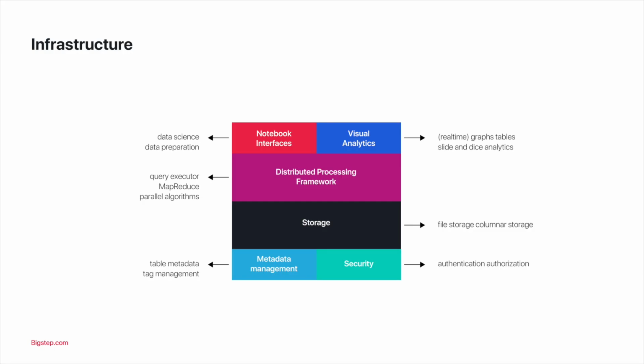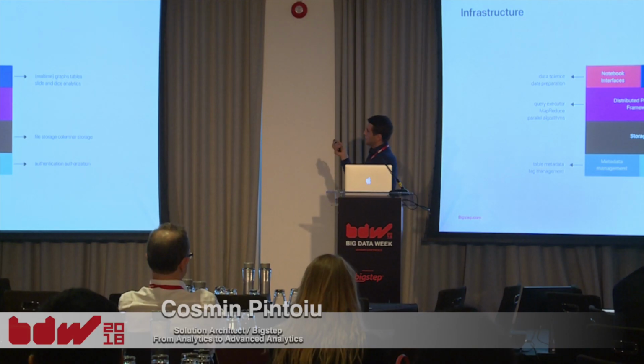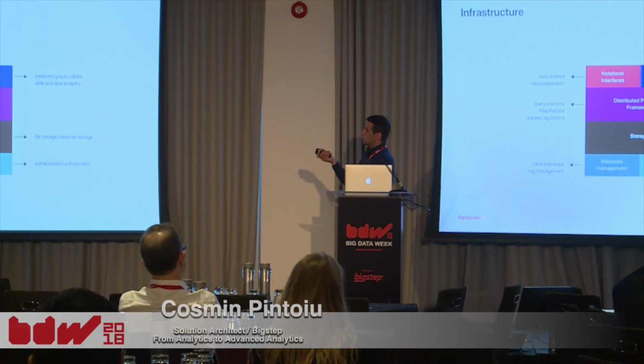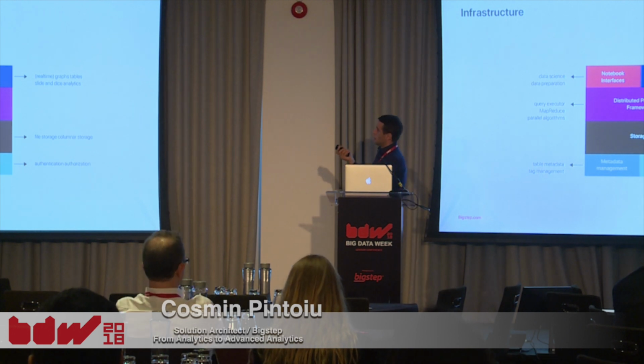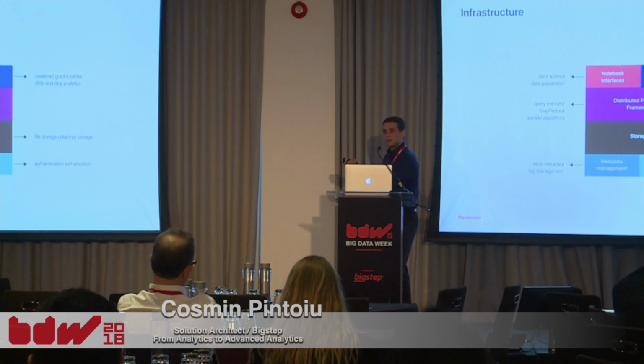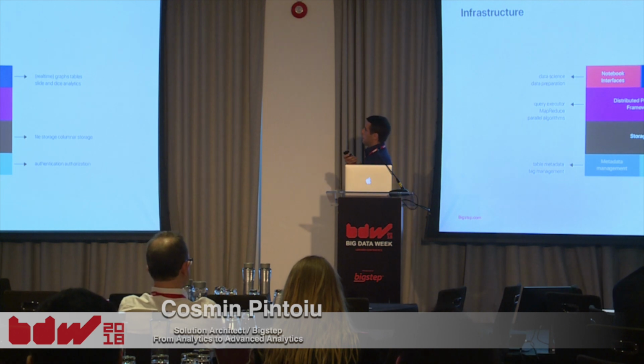A few words about the infrastructure. The previous team, the one that you have the data scientists and the data architects, should use something like a notebook interface for data science and data preparation. Then we move to the business analyst that needs some sort of visual analytics.